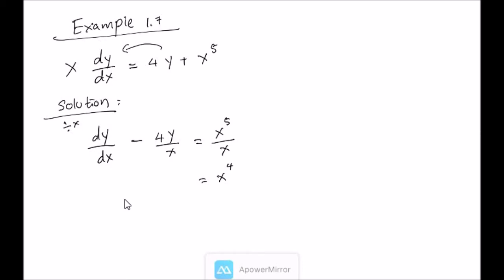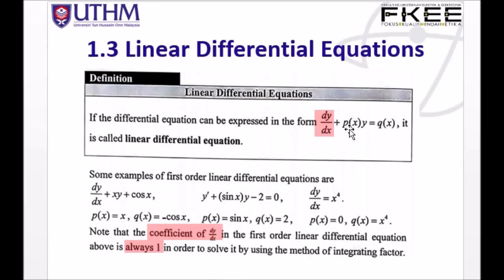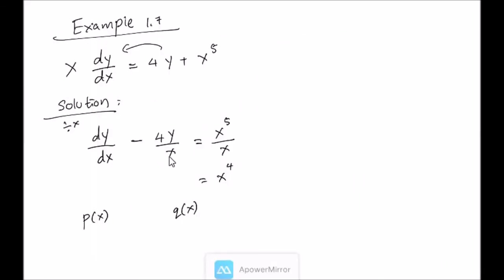From here, can you locate what is the P(x) and what is Q(x)? Do you still remember the format? P(x)y. If you compare this one, your P(x) is this part, and then Q(x) is equal to x to the power of 4.